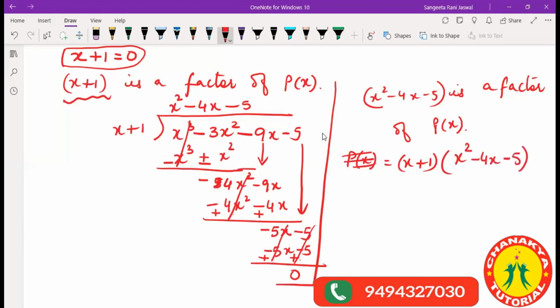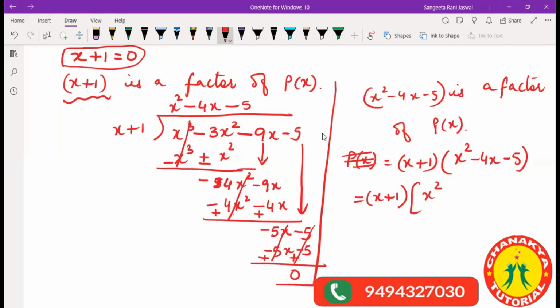Now we want to break this one. The one which you have already got, you will not touch, you will just keep as it is. And now we will do the midterm splitting in this. Now what do you get here? Just think of two factors. When you multiply, you get minus 5, and when you add, you get minus 4.